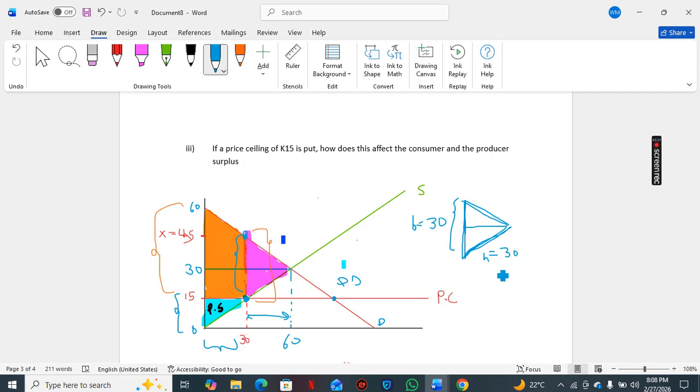So the area of the triangle, for the deadweight loss, DWL, is going to be half times B times H. It will be half multiplied by 30 times 30.